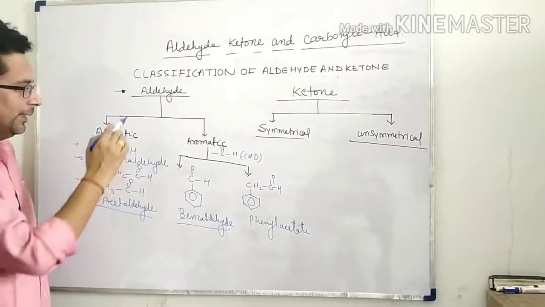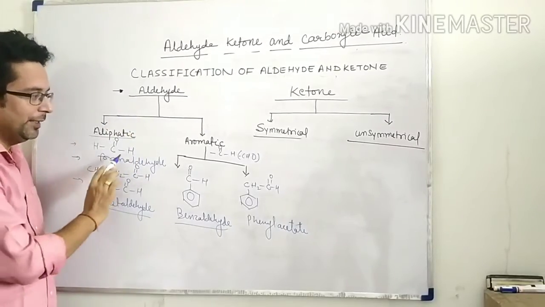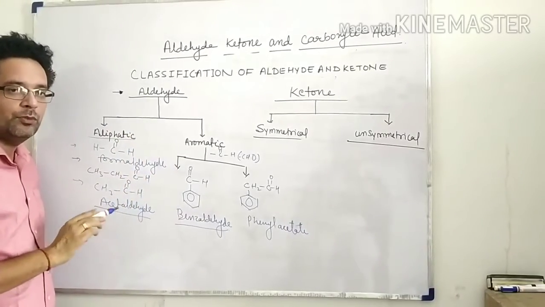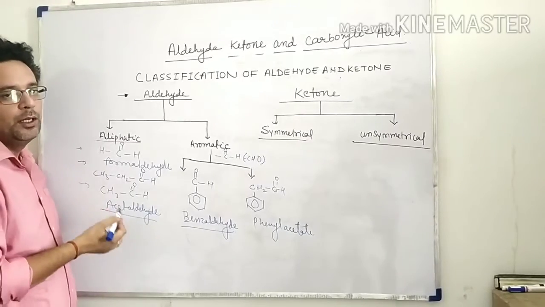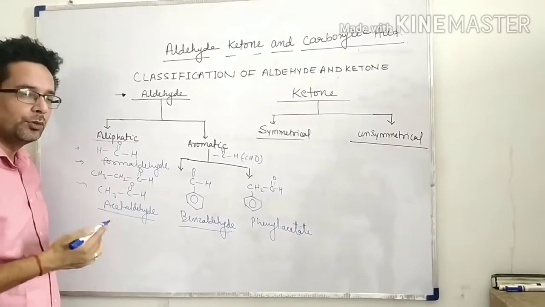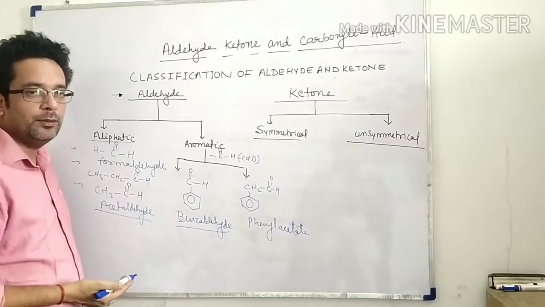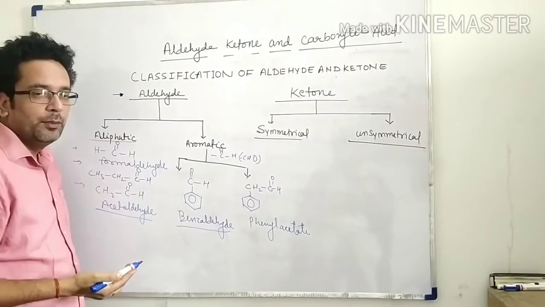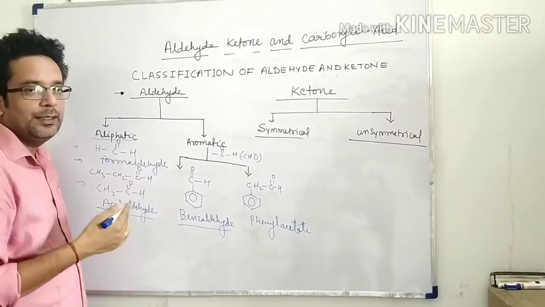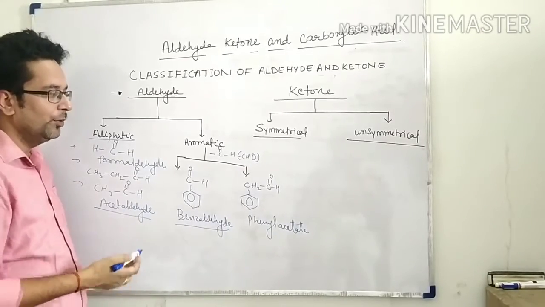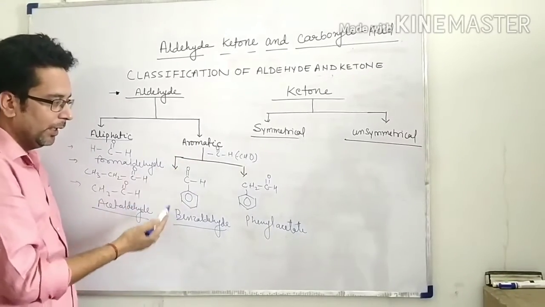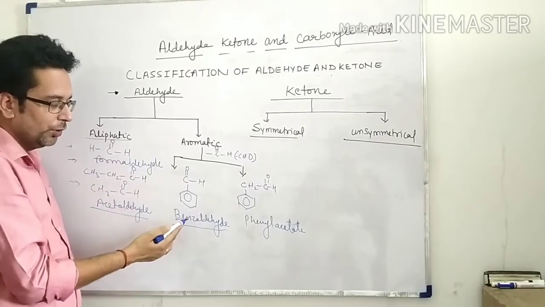So aldehydes are classified into two, aliphatic and aromatic. Aliphatic means only an alkyl group is attached with the carbonyl compound or aldehydic group. When a benzene ring is attached with the aldehydic group, then the aldehyde is known as aromatic aldehyde, and it is further classified into two categories.